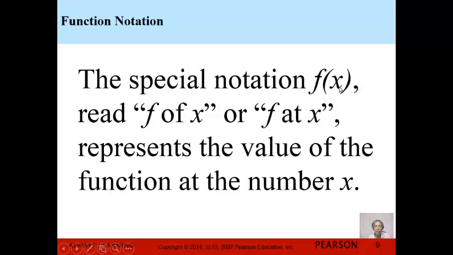That variable is the independent variable of the function. So you read this f of x or f at x. And keep in mind, it doesn't mean we're multiplying f and x. Instead, f of x represents the value of the function at the number x.